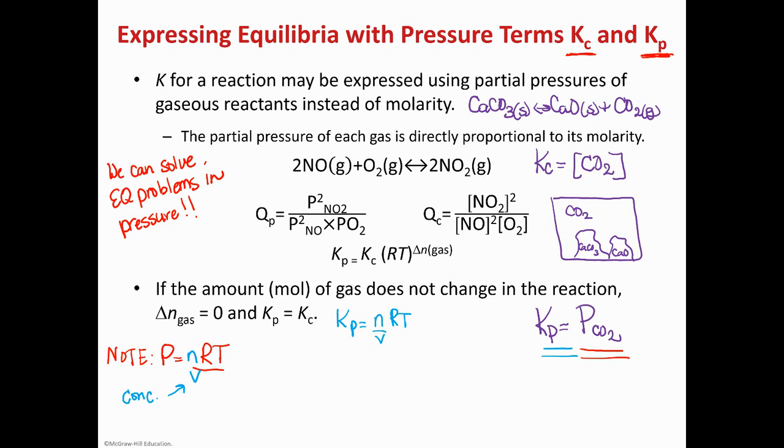That's just a substitution for pressure. And then Kp would equal, essentially, the concentration of CO2 times RT.